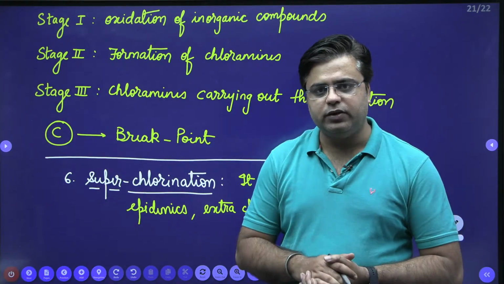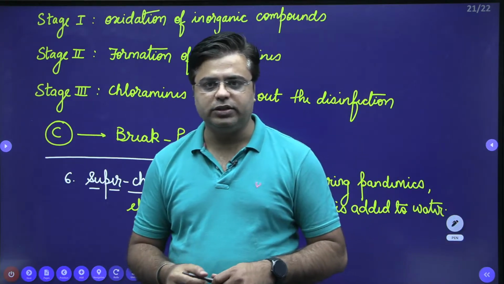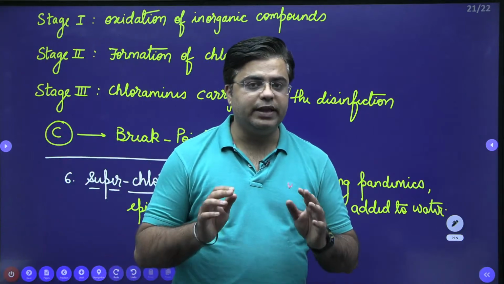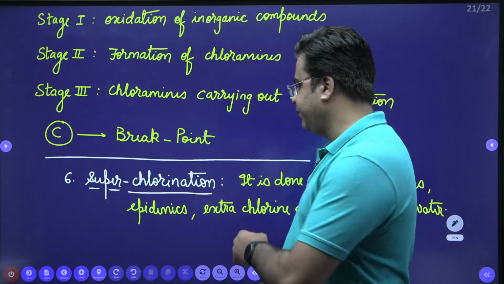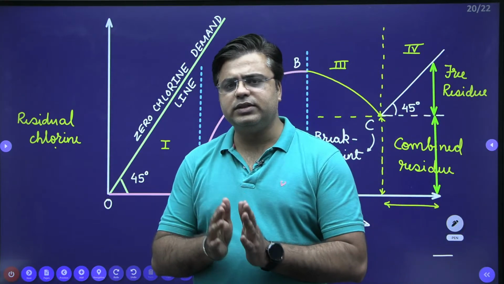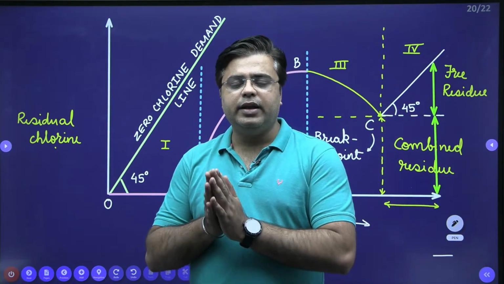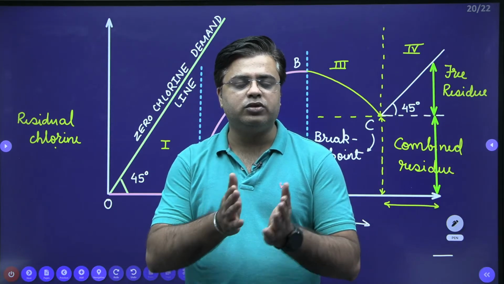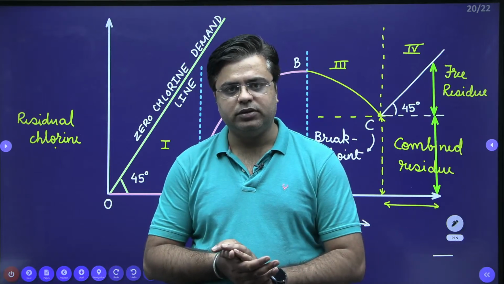But most part of the year we go with the breakpoint chlorination. My dear students, this topic is very, very important, especially this breakpoint curve. You need to know every part, what is happening in every stage, and how chlorine is reacting with the inorganic compounds, organic compounds, and the microorganisms, right?